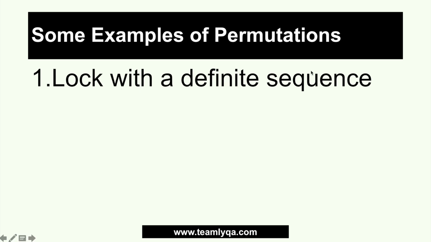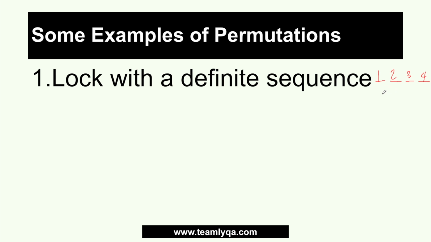Anong ibig sabihin? Para kang gumagawa ng lock sa maleta or sa inyong combination na key sa inyong locker. Yung lock with a definite sequence requires na kung ano yung combination, for example, if it's a four-digit number, kung ito ay 1, 2, 3, 4, dapat 1, 2, 3, 4 siya.